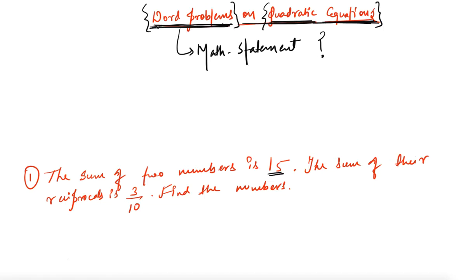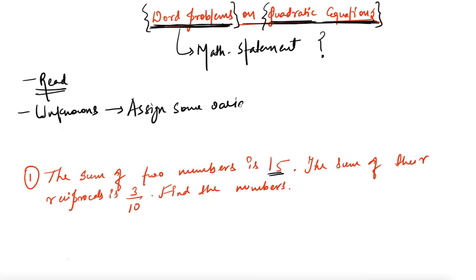First of all, read the problem very carefully. After reading it, whatever unknowns you see in the problem, maybe one unknown, maybe two, assign some variables to them.